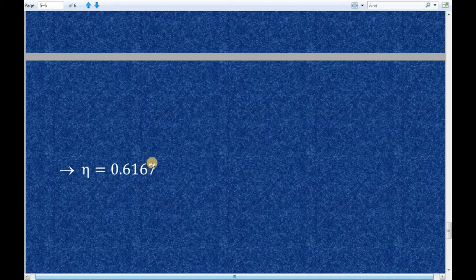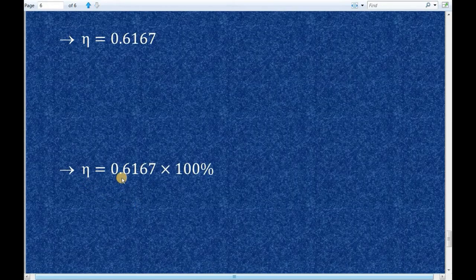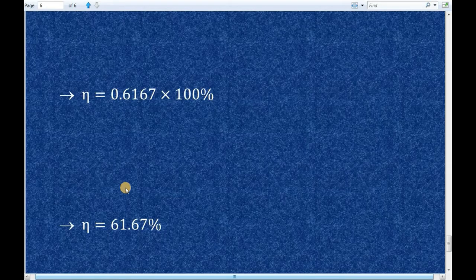If you want to represent this value as a percentage, just multiply it by 100%. We get eta is equal to 0.6167 into 100%, which is 61.67%. So eta is equal to 61.67%.